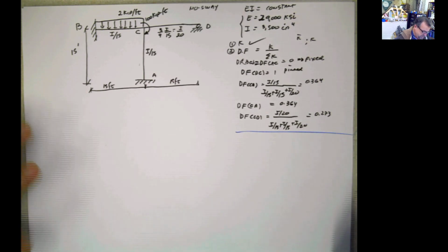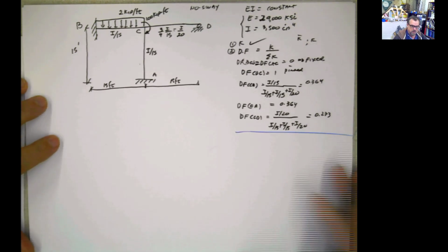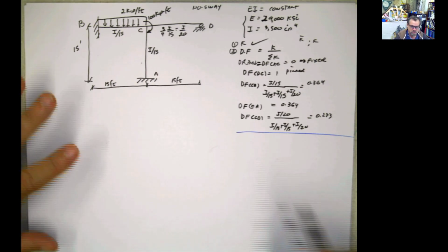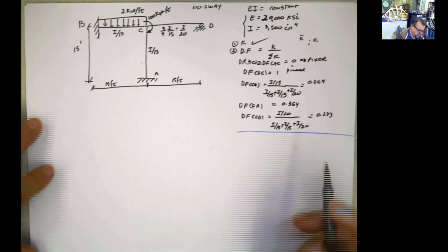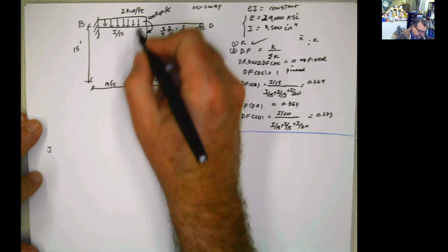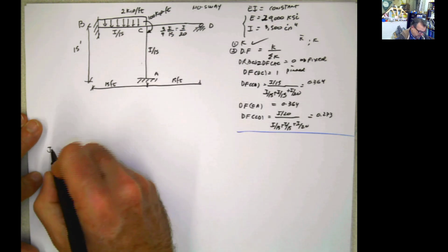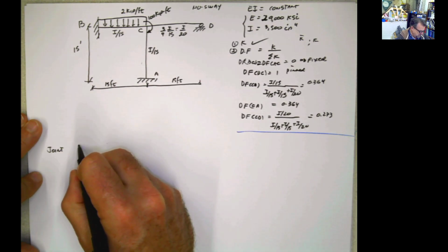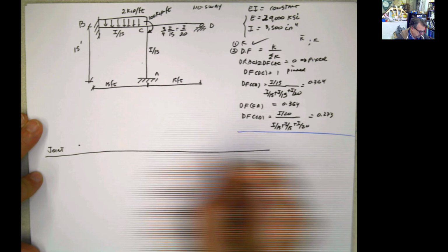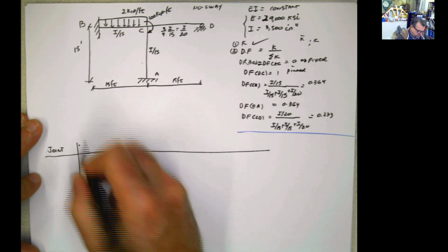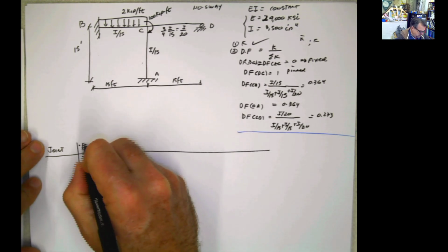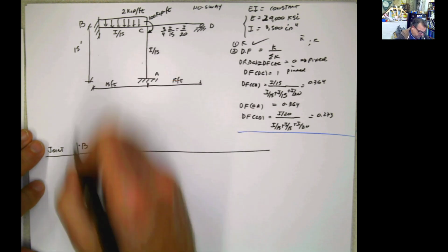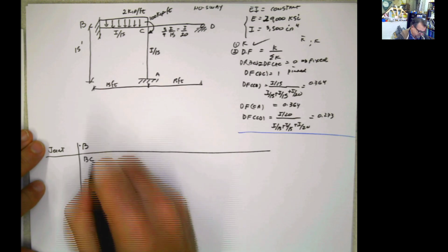Okay, the next step is building your table for distribution, and you have to build that table in the way that you feel most comfortable. I like putting all the members that share a joint together if possible. So I start with joint, and the first joint is joint B, and then the member, so this is the member BC.